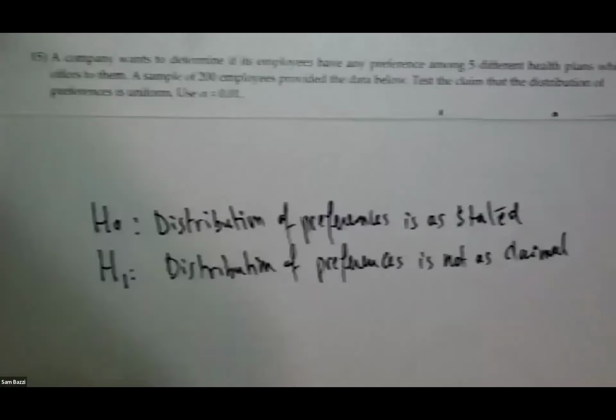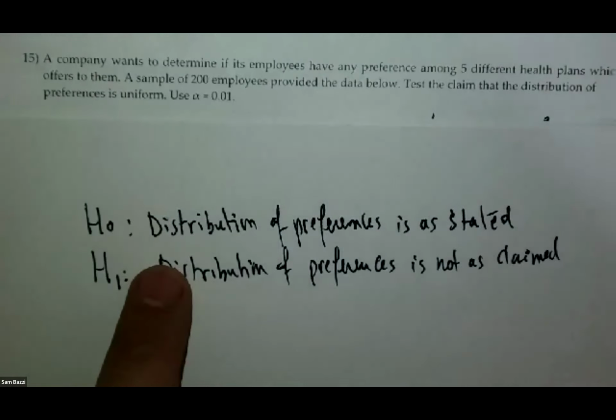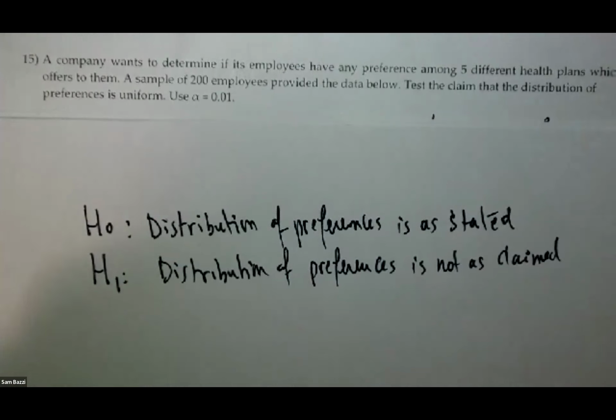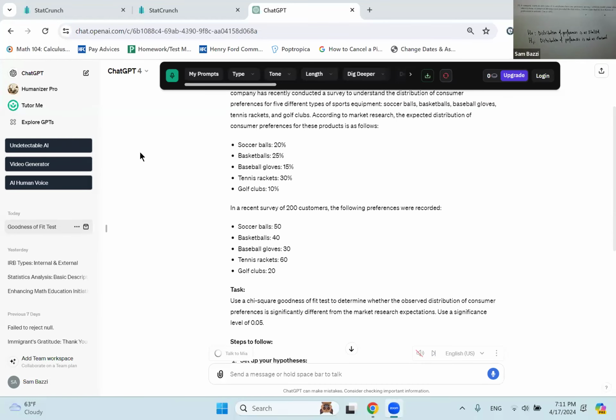Now the question to you guys, you have to tell me where the claim is. Is it in H0 or H1? I'm going to project the question one more time to tell me whether it is H0 or H1. It says, test the claim to determine whether the observed distribution of consumer preference is different from the market research expectation that we have here.